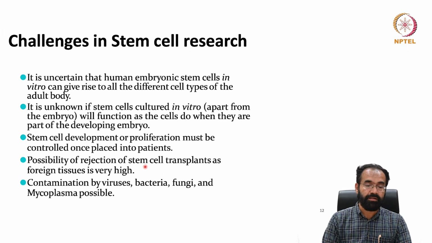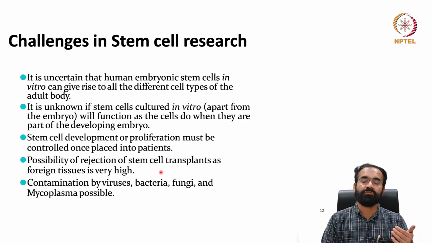The possibility of rejection of a stem cell transplant as foreign tissue is very high. Stem cells can have too much MHC class 1 expression, beyond normalcy. Normally MHC class 1 proteins are less in a differentiated cell, and class 2 are more in a differentiated cell.